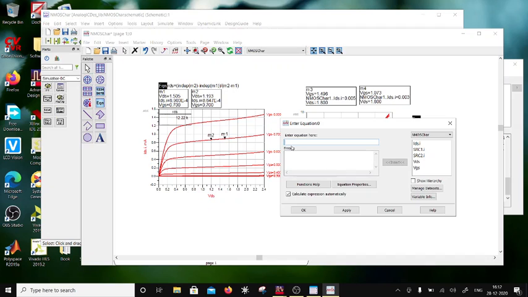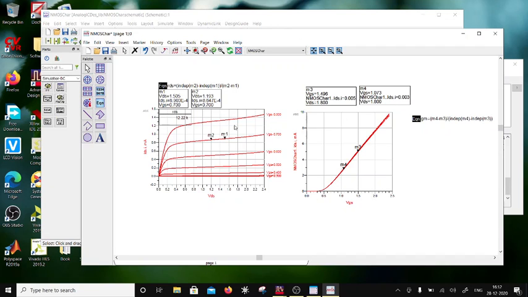So if I go to GM, I can write an equation for GM. GM will be equal to something divided by something. This something is going to be M4 minus M3, and here it will be INDEP of M4 minus INDEP of M3. Once that is done, this is the GM of the device.